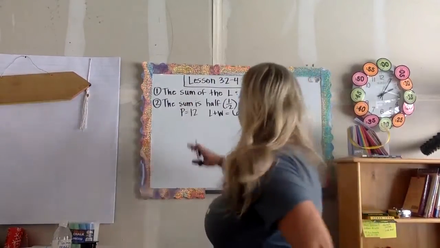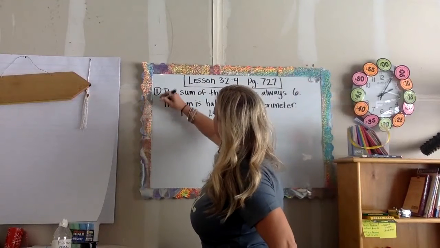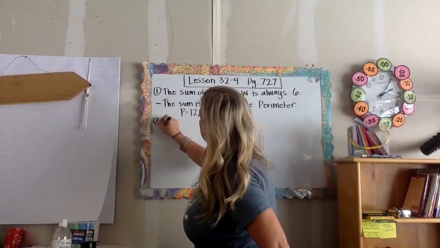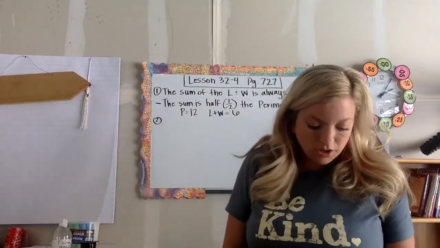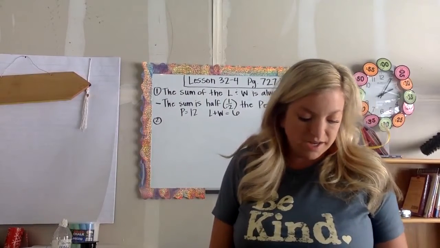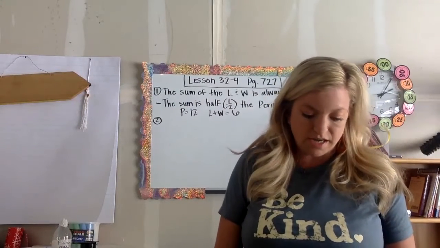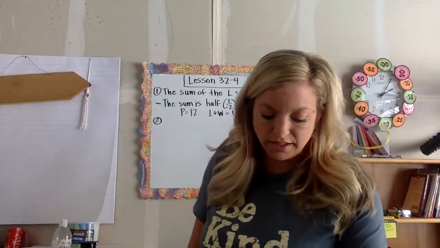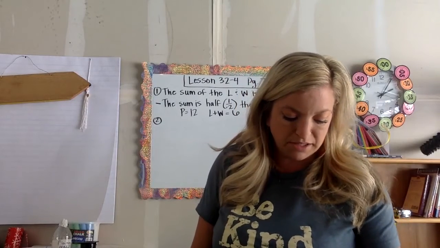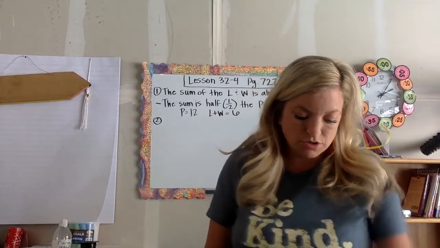Number 3. Oh, now I'm back to number 2. All of the rectangles have the same perimeter as Kai's rectangle. Explain why only one has the same area as Kai's rectangle. Well, the side lengths are the same, but the length and width are switched.